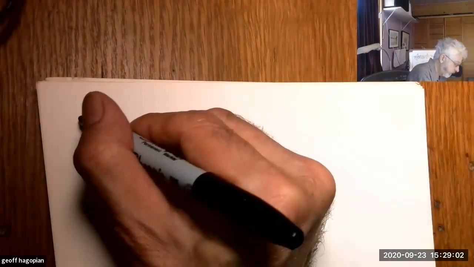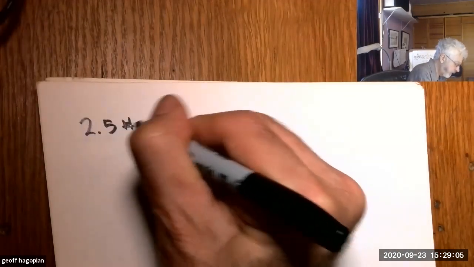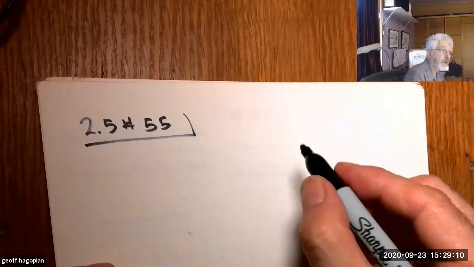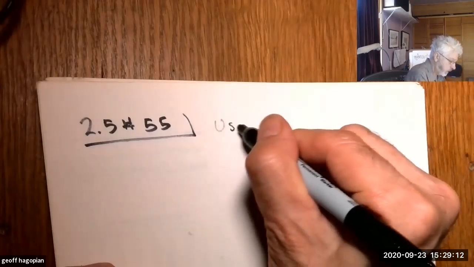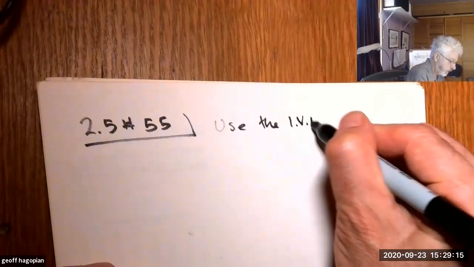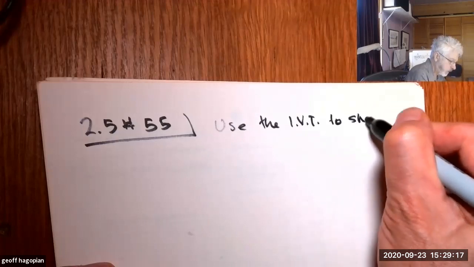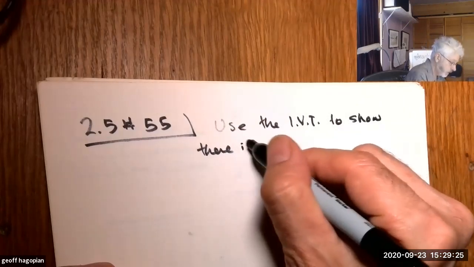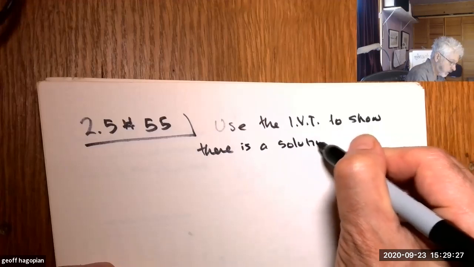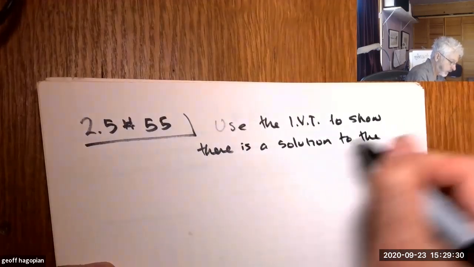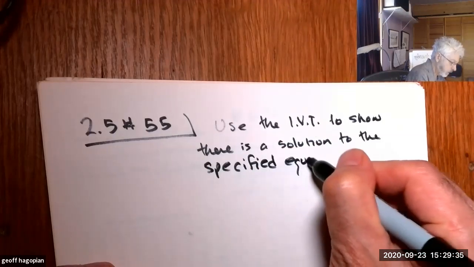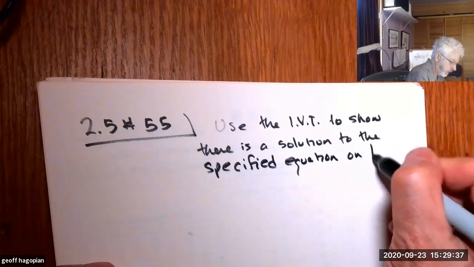So this is section 2.5, number 55. Use the intermediate value theorem to show there is a solution to the specified equation on the given interval.